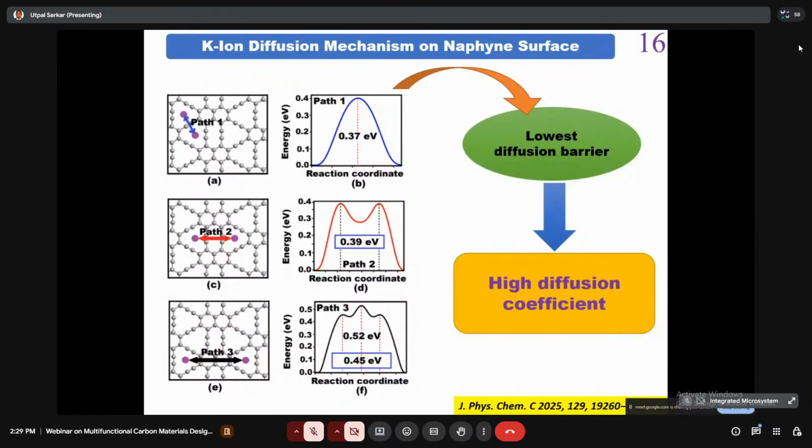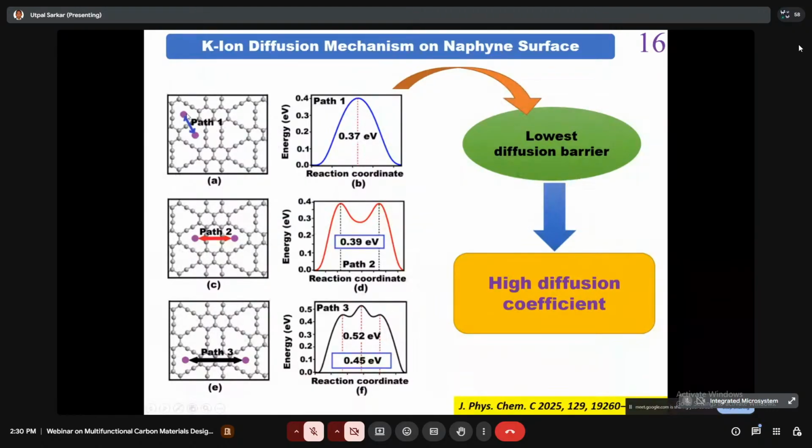The next part is the diffusion, and that tells you how the absorbed potassium ion migrates from one particular atomic site to the other minimum position.